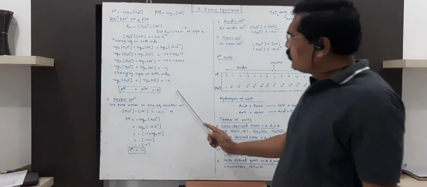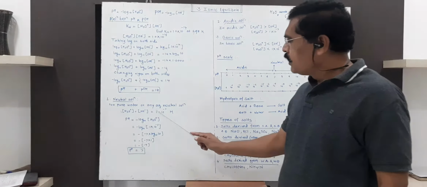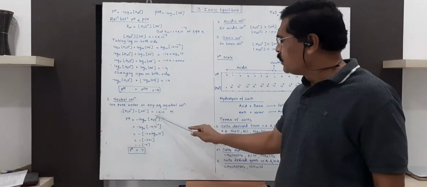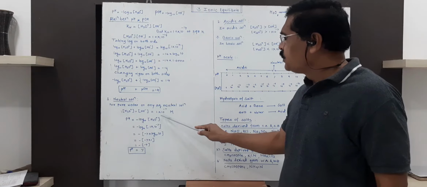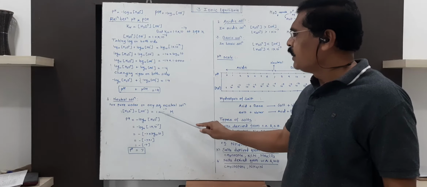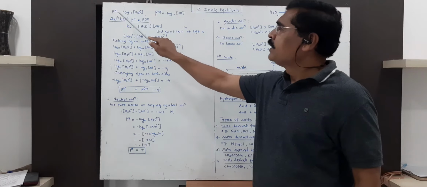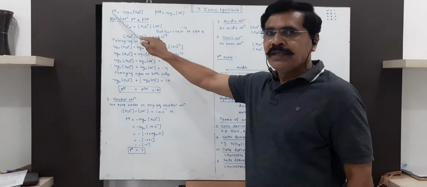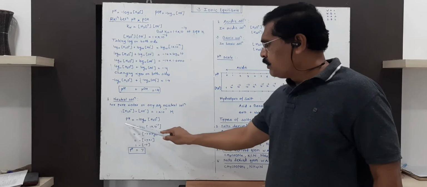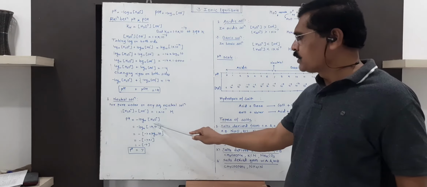So, in case of a neutral solution, what is the value of pH? We know the concentration of H3O plus ion is 1 into 10 raised to minus 7. If we put this value in this expression, we can determine its pH like this. Here, the definition of pH is negative log of the concentration of H3O plus.